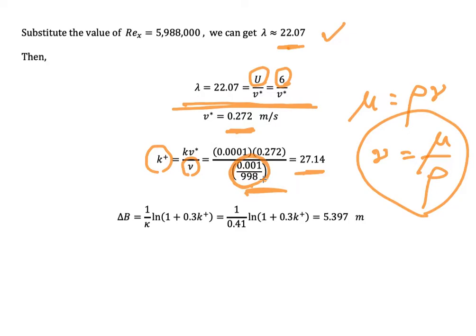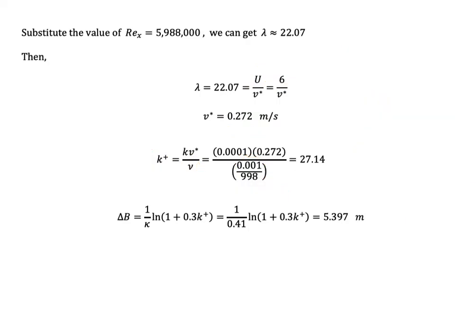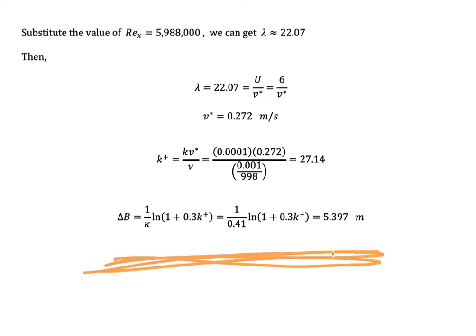Okay, so please do not misunderstand the calculation here. After we calculate all the things here, we need to solve for delta B. So delta B is given by this equation. If we substitute everything, we get delta B equal to 5.397 meter.